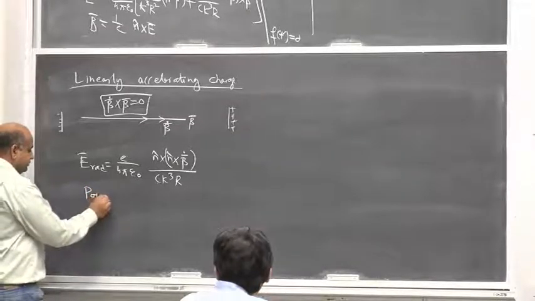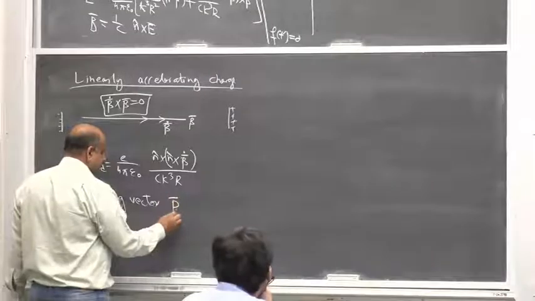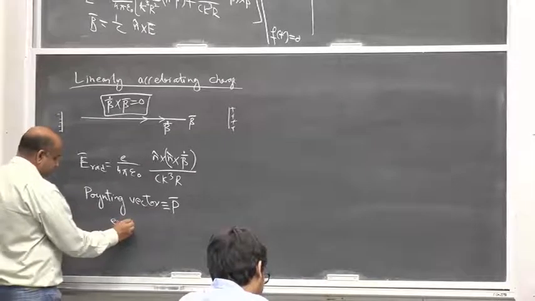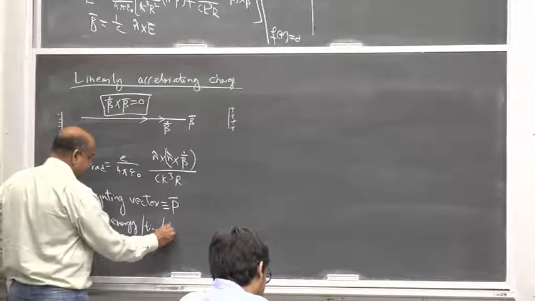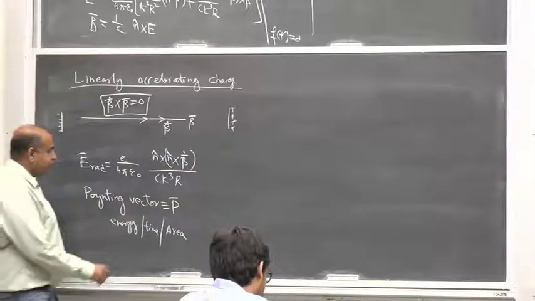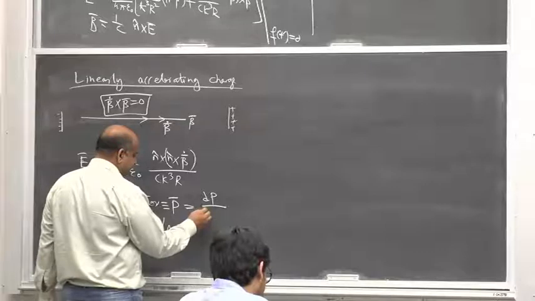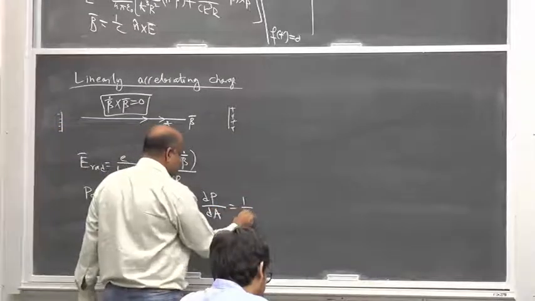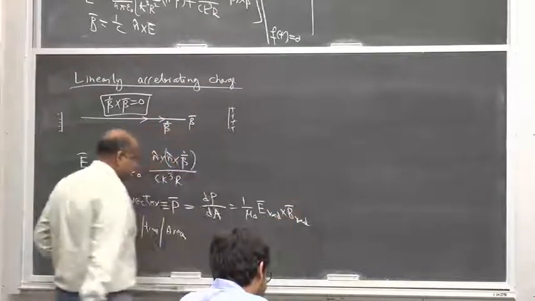So Poynting vector, if you recall, is actually the energy per unit time per unit area that is carried by an electromagnetic wave. So if this is the Poynting vector, this is power by area, and this is defined as 1 over mu naught, E radiation cross B radiation.